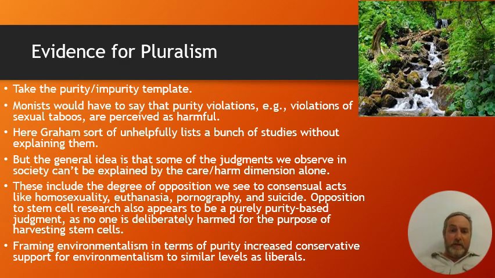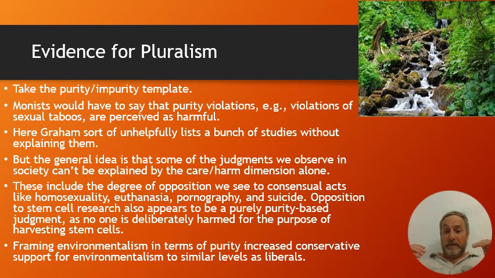And here's some actual evidence, finally. If you take conservatives and liberals and you talk to them about environmentalism, but you frame it differently, you'll get different responses from people. Conservatives are a candidate for people who are more concerned with purity violations, because they do seem to be opposed to many of these things on this list: homosexuality, euthanasia, suicide, pornography, seeing these things as immoral.